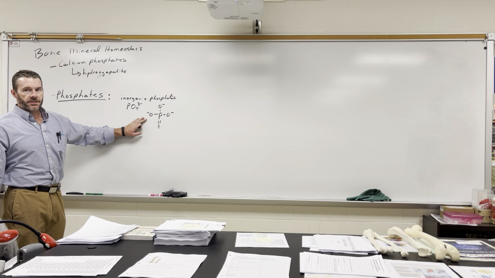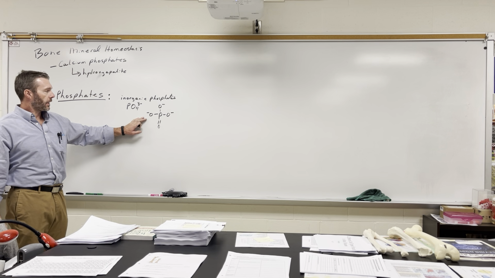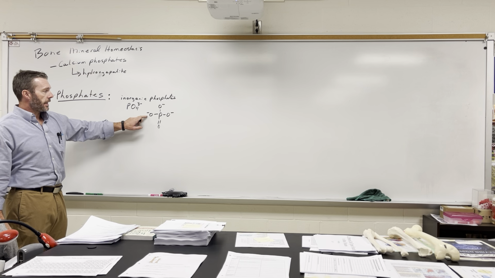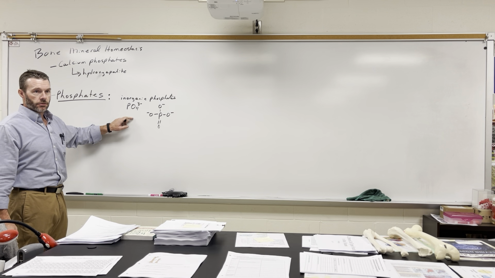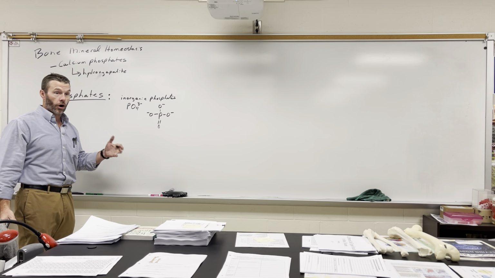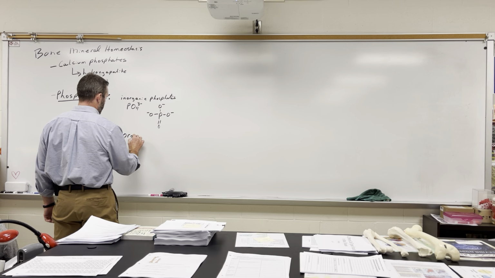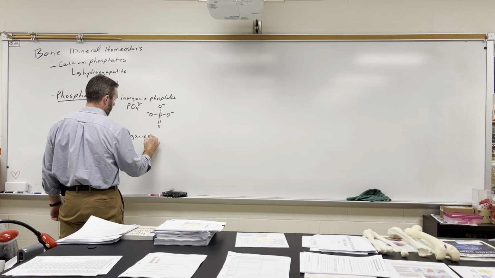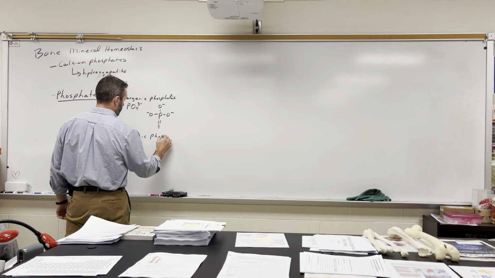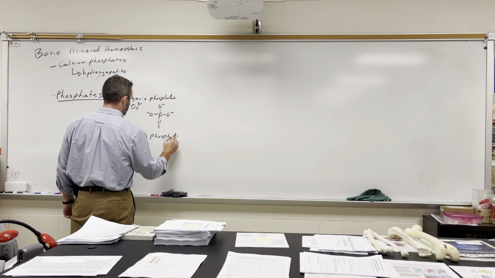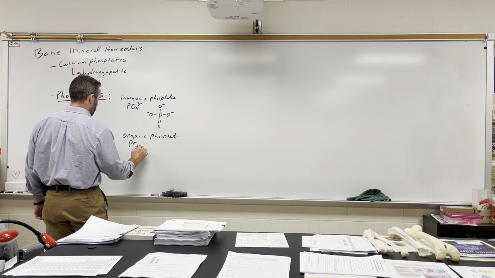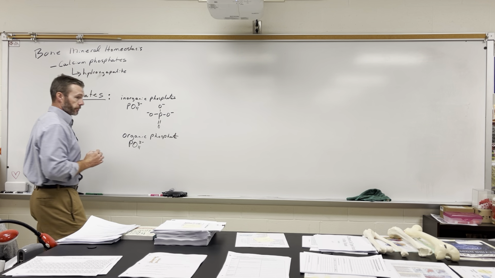If you take this inorganic phosphate, and this oxygen over here on our left bonds to another molecule like calcium or a carbon or what have you, it will become what's called an organic phosphate. Now, this organic phosphate is a PO4 -2.